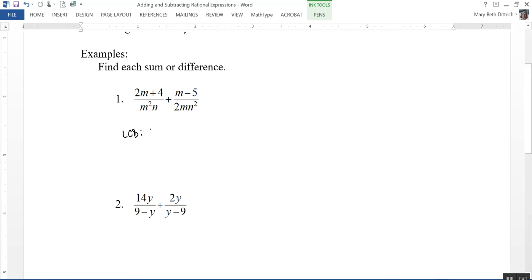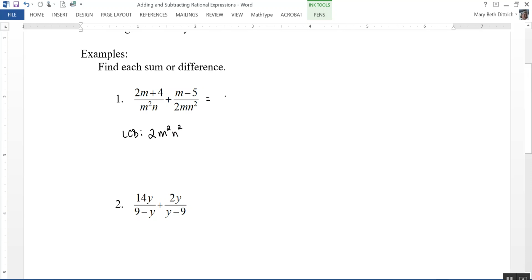So I need to have a 2 in my common denominator. My first denominator has an m squared, my second denominator has an m. I have to take the greatest number of times that m appears, so that's going to be an m squared. And then for my n's, I have an n to the 1 and an n to the 2. I need to take the greatest number of times it appears, so I'm going to need an n squared. So that's going to be my common denominator.